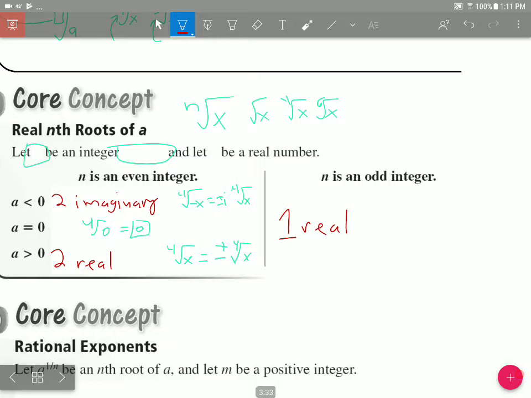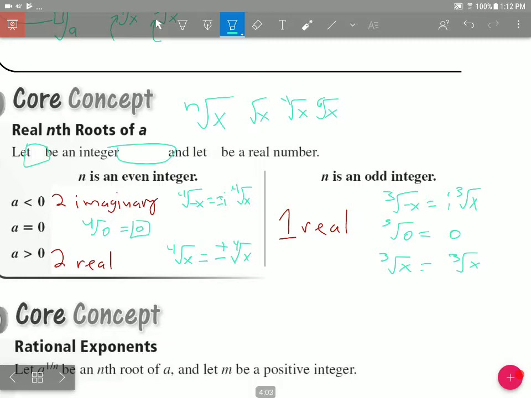So if I did the third root of a negative x, that's just i times whatever the third root of that number is. The third root of 0 is just 0 every single time. The third root of a positive number is whatever the third root of that number is. Nothing funky happens. It is just one answer.